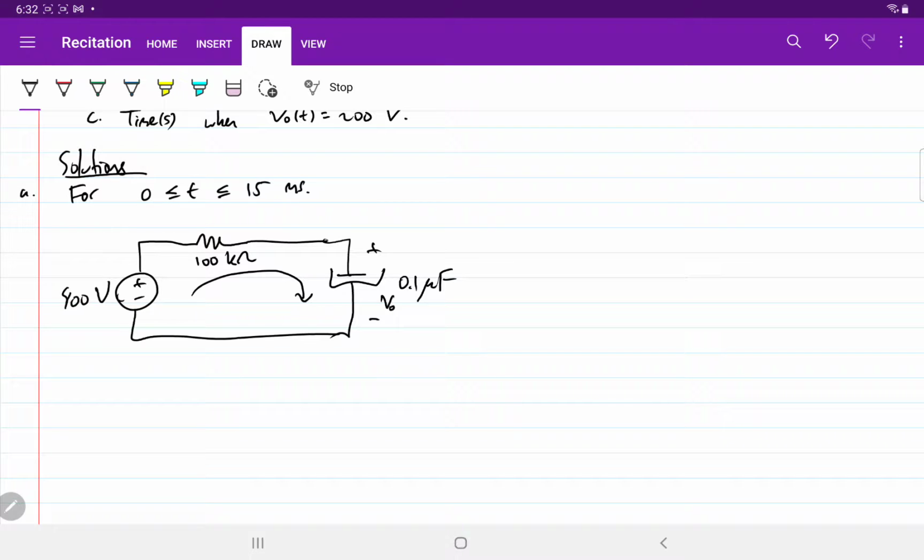Since we only have one loop, this current here is actually I0, or we can say it's IC, the current flowing through the capacitor, right?